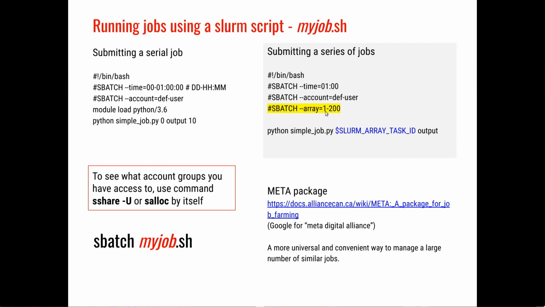And this array has the integers from 1 to 200. So this line simply generates an array of 200 integers going from 1 to 200. And those integers will be stored in this variable, SLURM_ARRAY_TASK_ID.